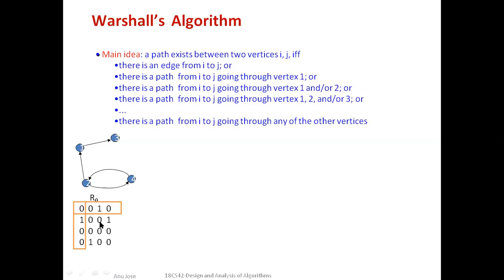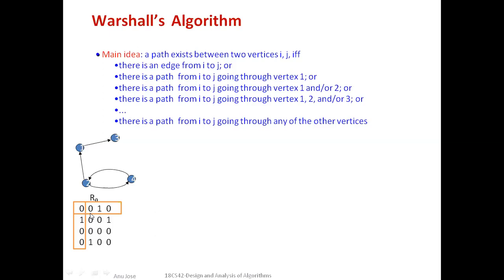And in the remaining elements, like 001, 000, 100, wherever you have 1, you can directly copy to R1. And for the other elements, that is the zeros present in this part, you should check what value comes if I do a logical AND operation.